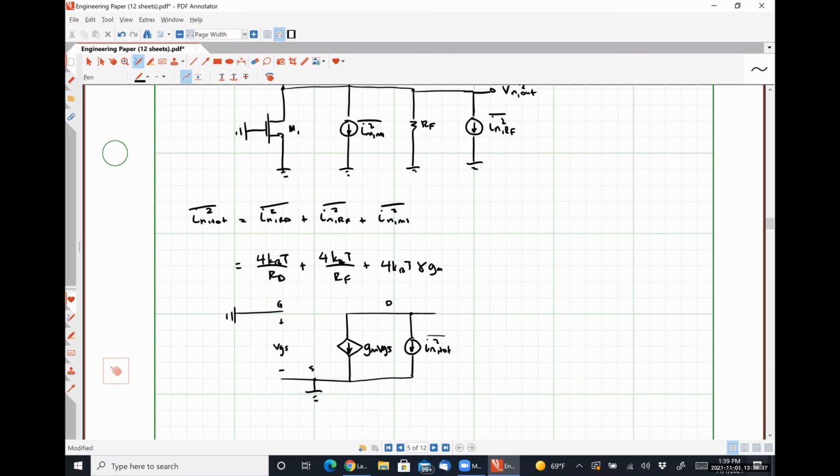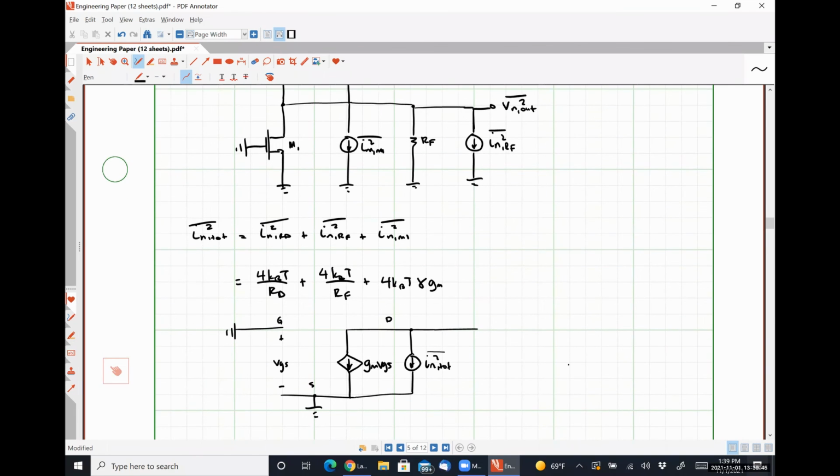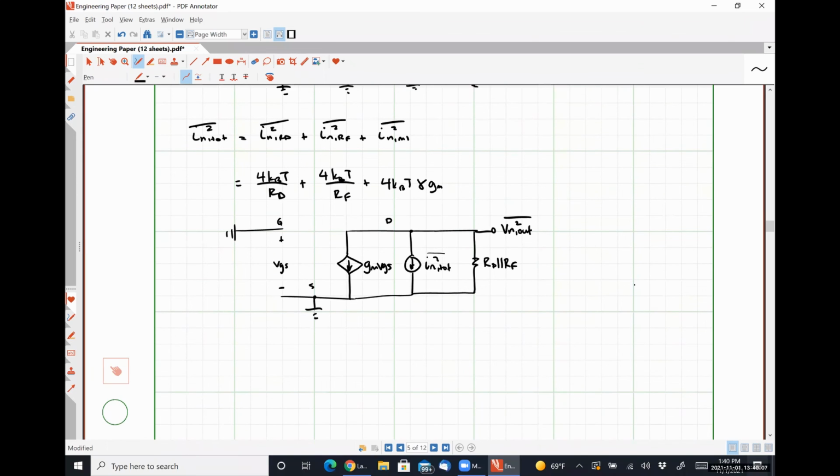And then, stop saying between the drain and the source. Between drain and ground would be a better representation. And we're going to see the resistor RD between the drain and ground. And we're also going to receive the resistor RF between the drain and ground. So I'm just going to call this guy RD in parallel with RF. Here is VN out quantity squared. So from this, VN out should be what?